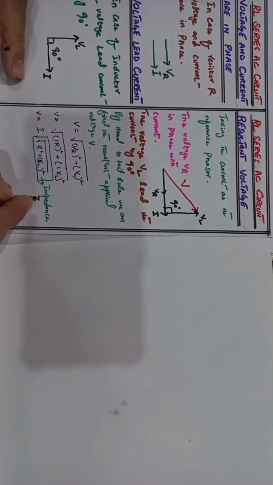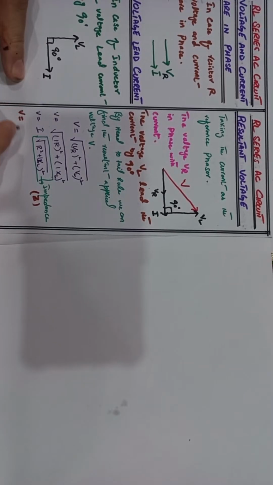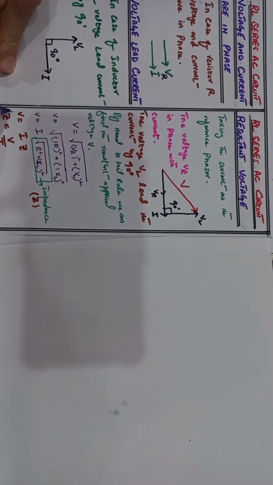Impedance is always shown by Z. So the formula becomes V is equal to I Z. Impedance can be found if we know the voltage and current: Z is equal to V over I. That is the formula of the impedance.